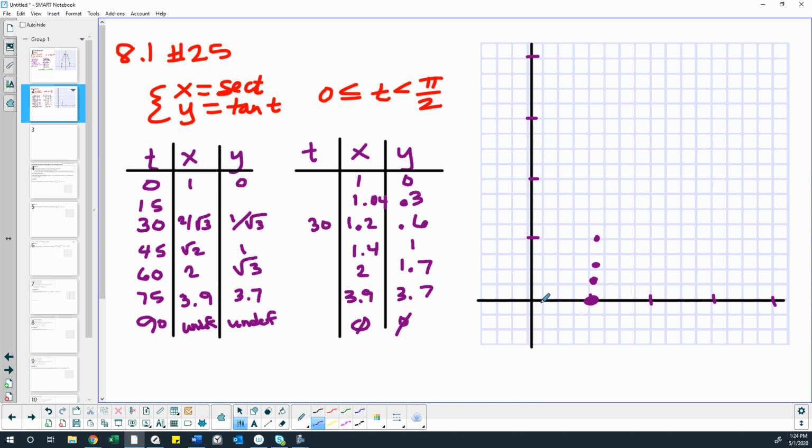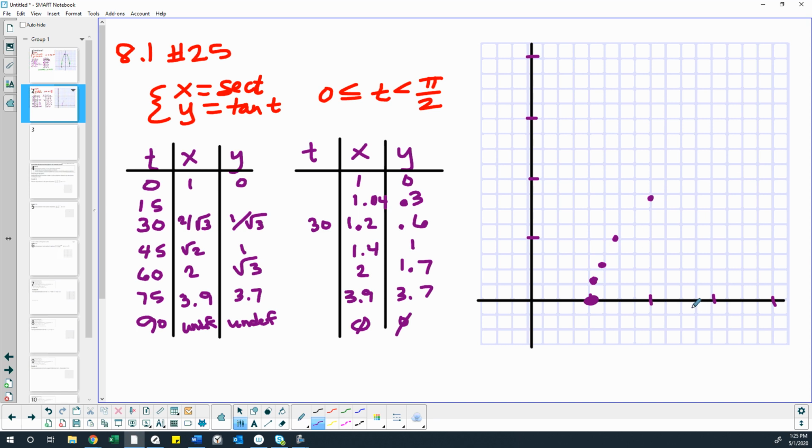Wait, I wasn't putting these quite the right place because I'm counting by, oops. I was messing up my scale here. Okay, so 1.2 should be closer to that line. And 1.4 should be closer to that line because that line would be 1.5. That's better. All right, and then we have 2 and 1.7. So that would be about there.